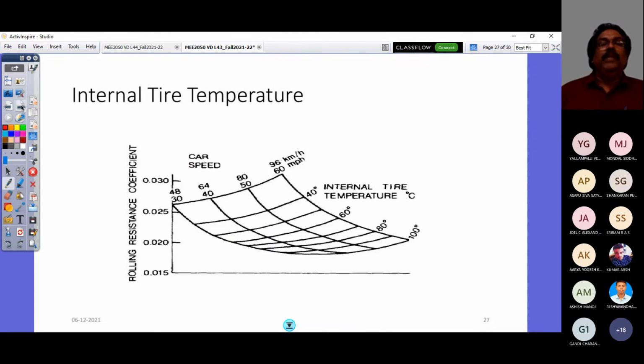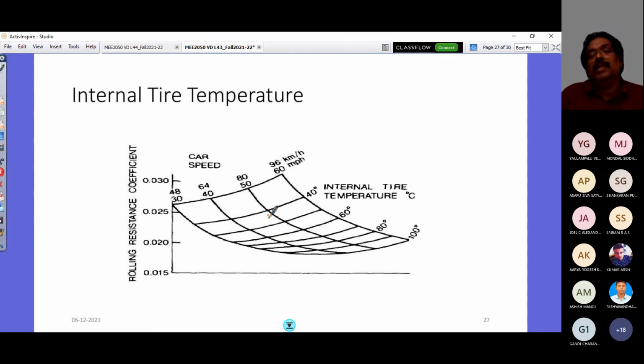And continuing with that, looking at the influence of tire temperature. When I say tire temperature, it is not the ambient temperature, it is the surface temperature, and it can also be the internal tire temperature. And you see this as tire temperature increases. So all these inclined positive slope lines refer to the temperatures.